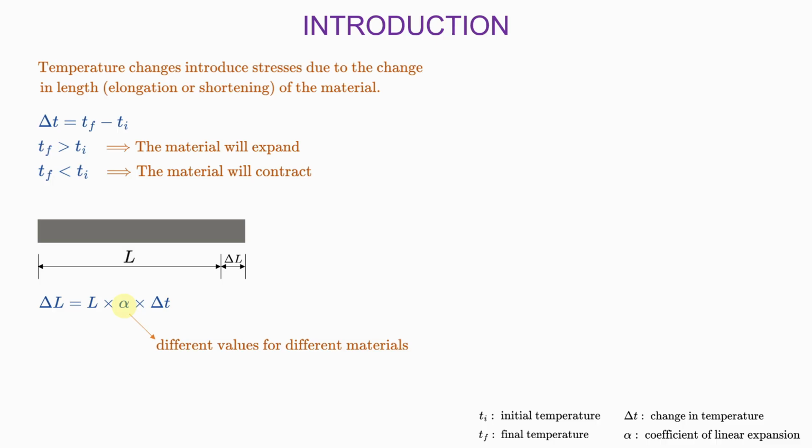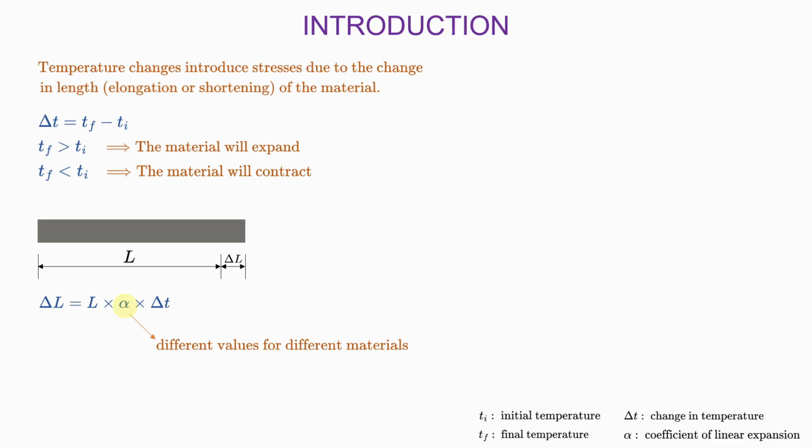So you have to bear in mind that this coefficient of linear expansion is a property of the material. So two different materials will not have the same coefficient of linear expansion. The larger the coefficient of linear expansion, the more the change or the more the deformation when you change the temperature. Okay, I hope that is making sense.